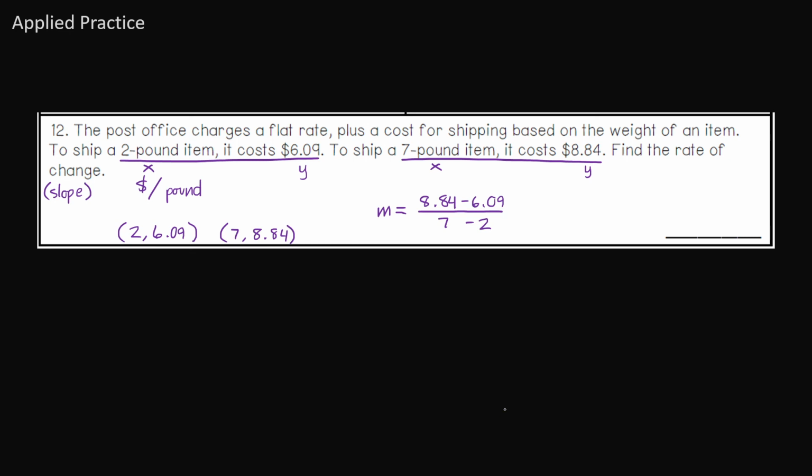I can see that 8.84 minus 6.09 would be 2.75, and 7 minus 2 is 5. And if I divide that, I'm going to get a rate of change or a slope of 55 cents per 1 pound. So obviously there are some additional charges in this shipping company, but the rate of change is 55 cents per pound.